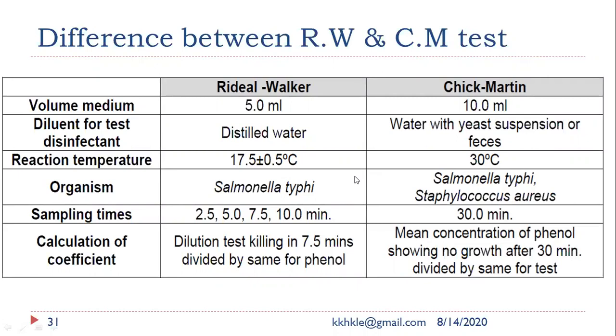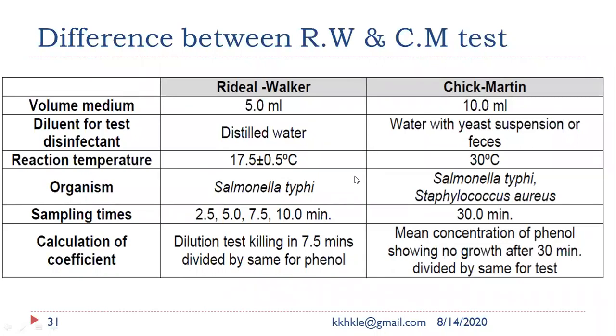So now what is the difficulty over here? Sometimes this killing at 7.5 minutes could be even at 5.1 minutes. So that killing at 5.1 minutes, what time do we consider? We consider it as 7.5 only.